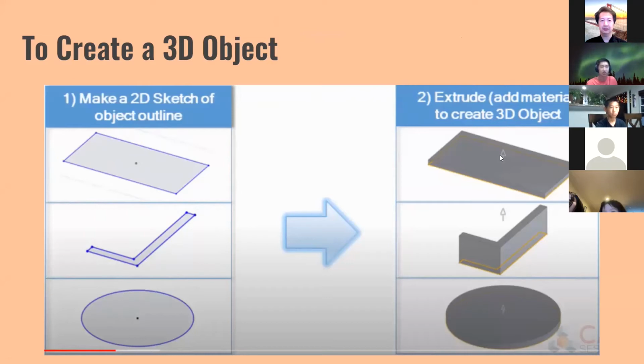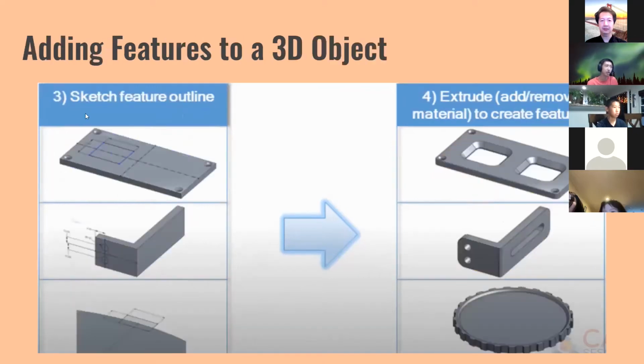Imagine pulling it out of a dimension, and it turns into a 3D object. Once you make a 3D object, you can add more features by sketching on the plane of the object. I'm going to teach you how to do that later. And you can turn the object into something more advanced, like a gear or something with screw holes and stuff like that.